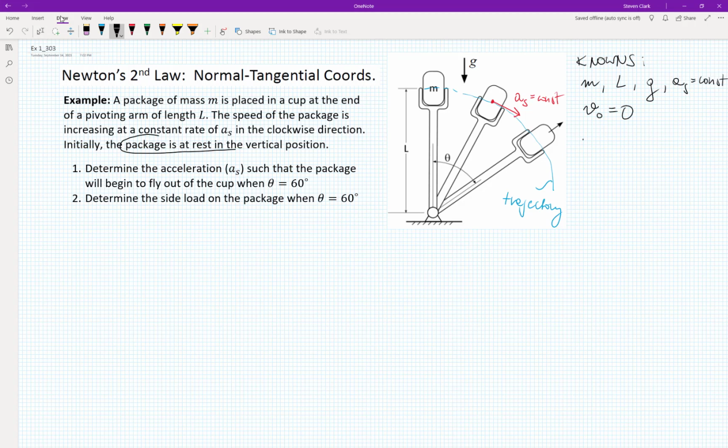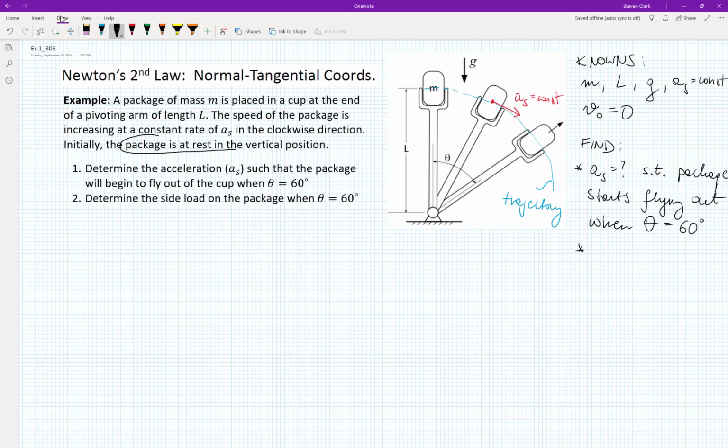And what do they ask us to find? They ask us to find AS such that the package starts flying out when theta is 60 degrees.